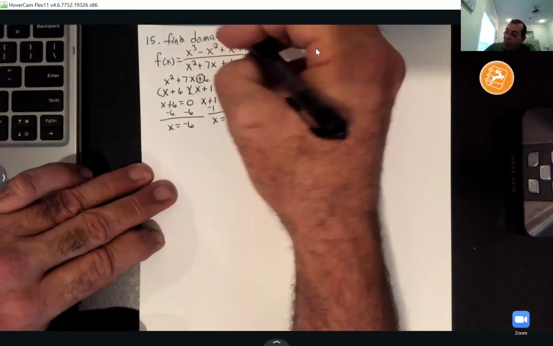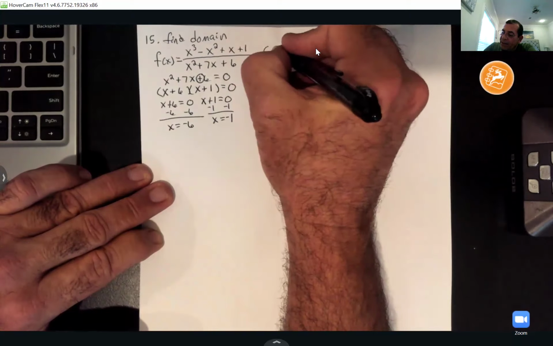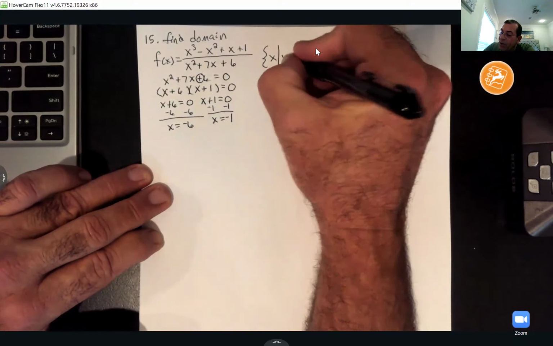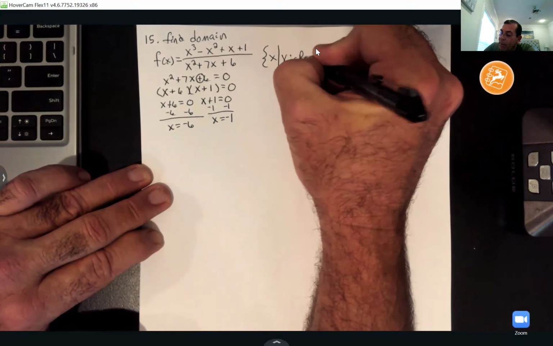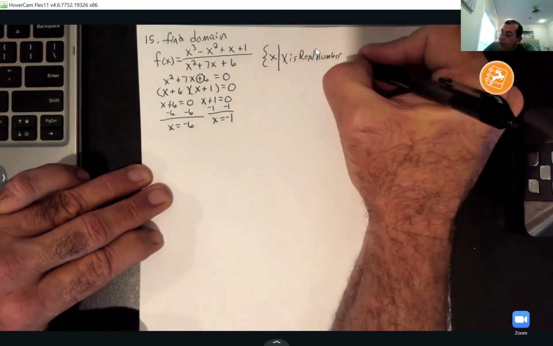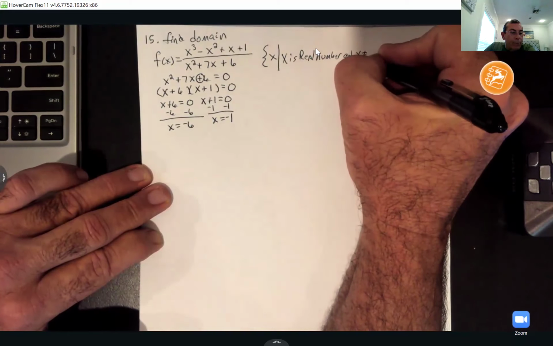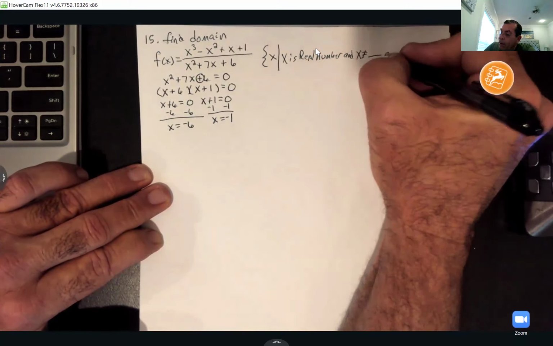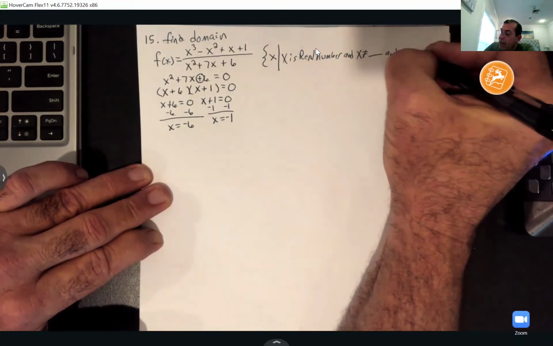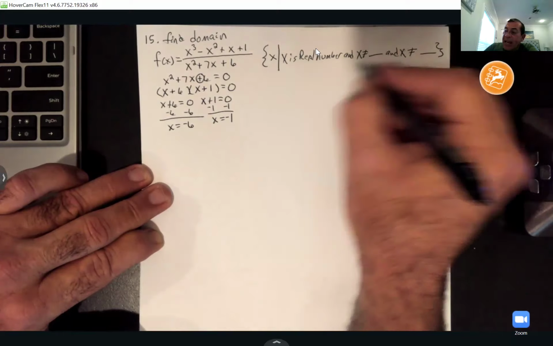Now, here's where you got to watch out. They have x such that x is a real number, and x cannot equal blank, and x cannot equal blank. But y'all, here's the trick on this answer.